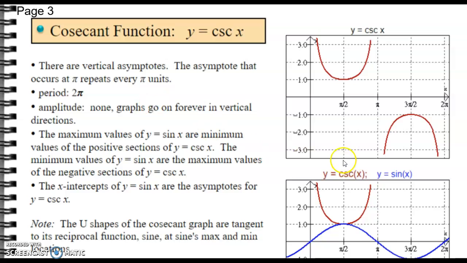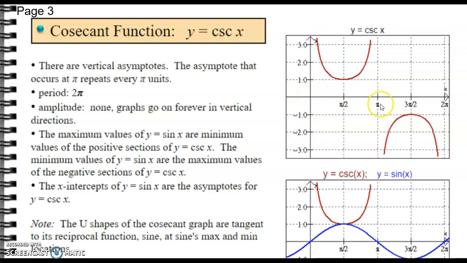So that's where we get this basic shape of our graph. At pi over 2 or 90 degrees, sine was at 1, and the reciprocal of sine is also 1. So we have a shared point here at pi over 2, 1. At pi, and at 2 pi, which was the same thing as 0, we have asymptotes, meaning imaginary lines that our graph approaches but never touches because the graph is undefined there.